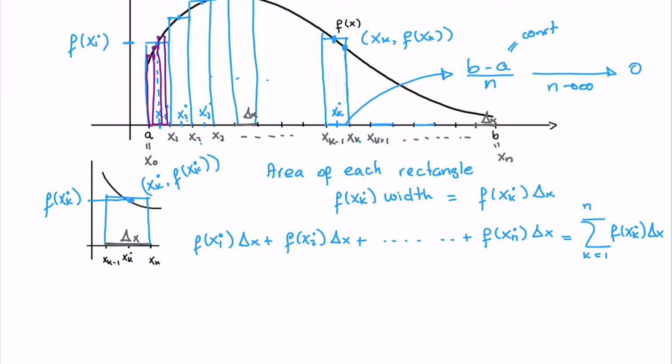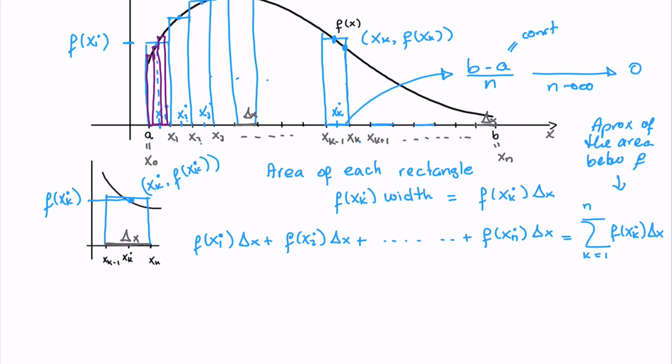Only that this here is just an approximation of the area below the curve f. The area below the curve means the area between the curve and the x-axis.